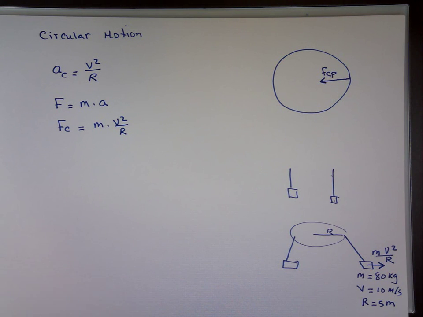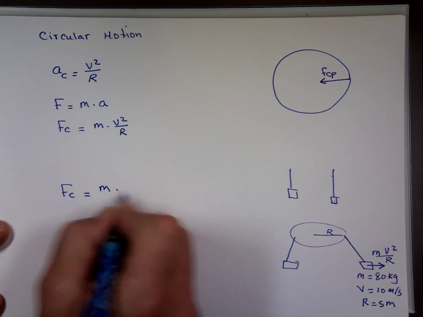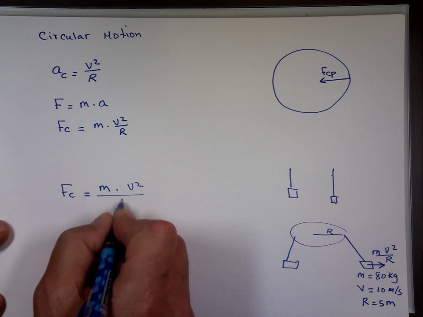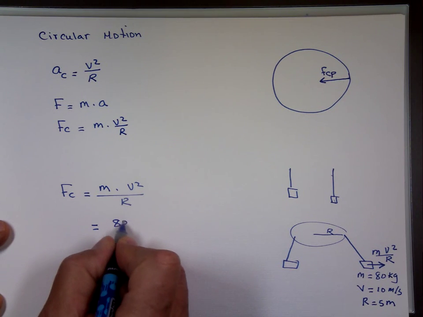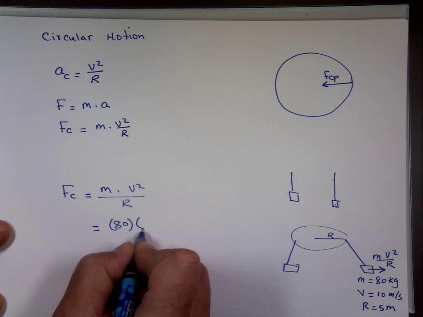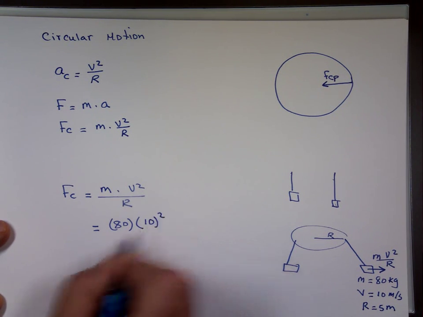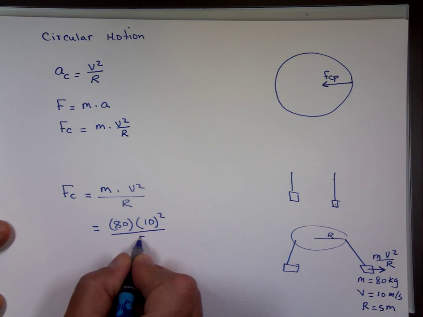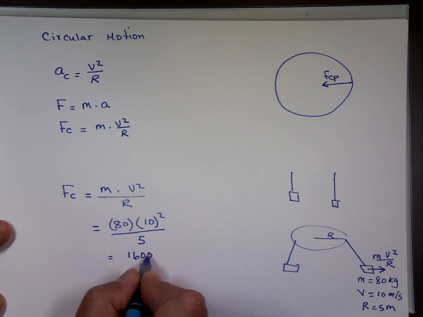What's the value of that force? It's m times v squared over r. The mass is 80, velocity is 10, square it, then divide by r, which is 5. I think that's 1600 Newtons.